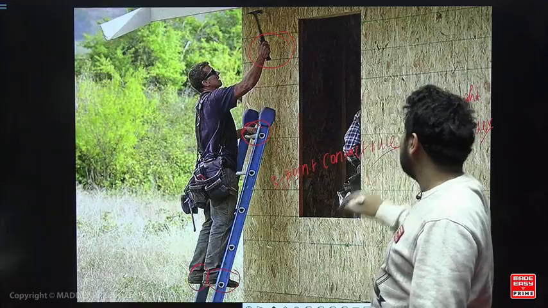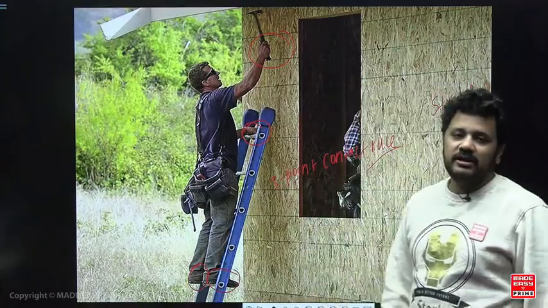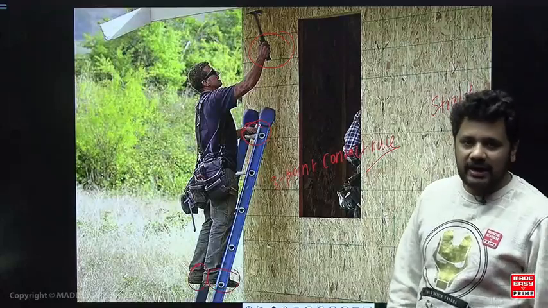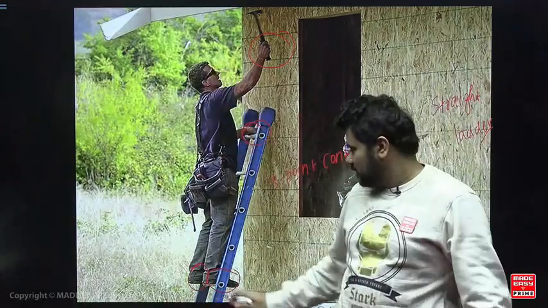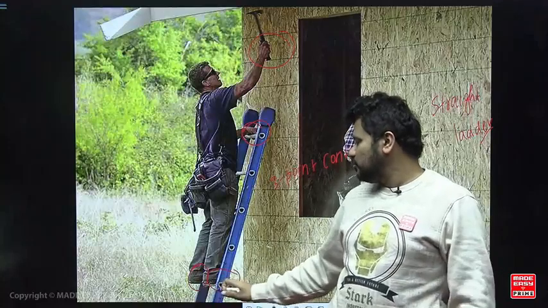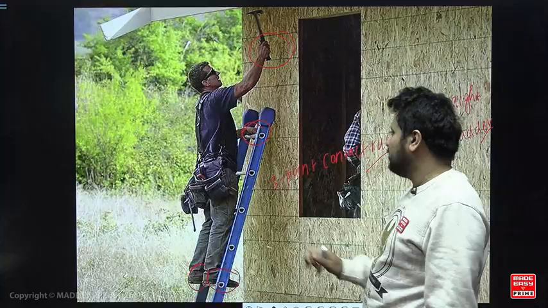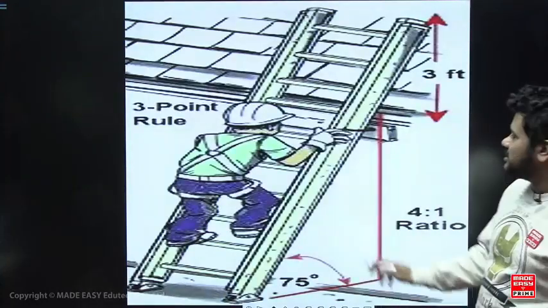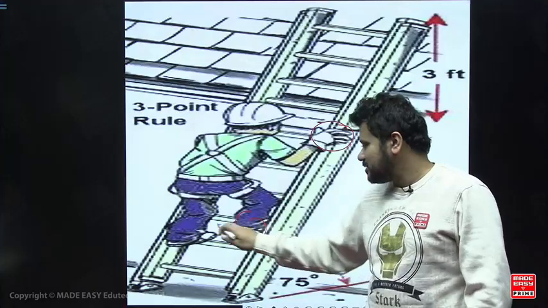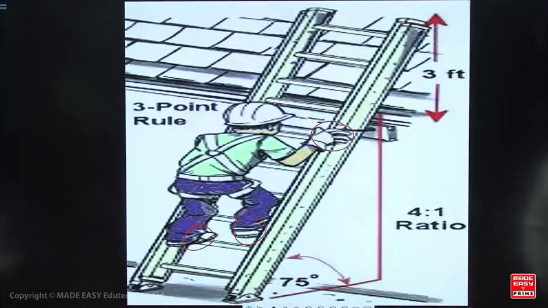So 3-point contact rule means minimum 3 points should be connected to the ladder while working on a ladder. ऐसा नहीं कि दो पैर रखे और दो हाथ से काम कर रहे, no, not allowed. For safety, any three, there should be 3 points of contact, right? You can see that this person, one hand, two legs, are connected to the ladder. So this is basically the 3-point rule.